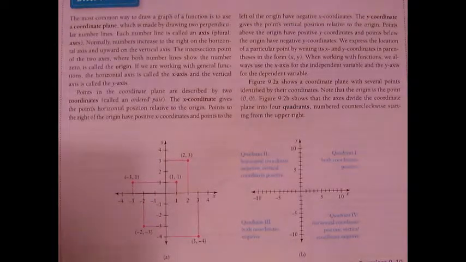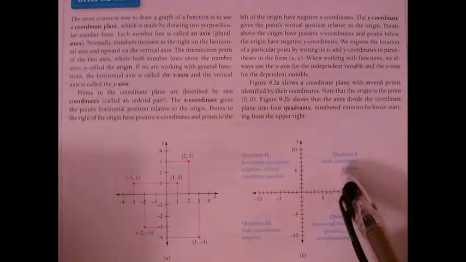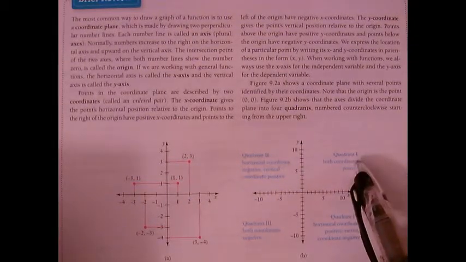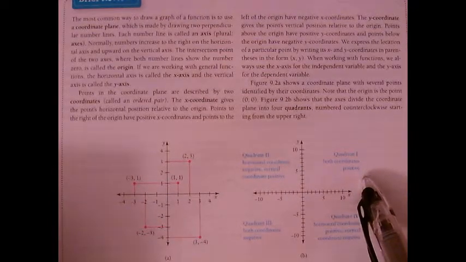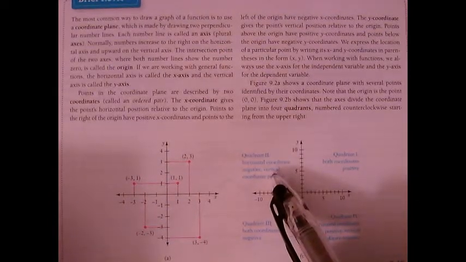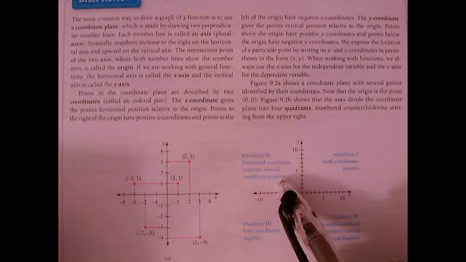Okay, and then the figure on the right shows the axes divide the coordinate plane into 4 quadrants, which are numbered counterclockwise starting from the upper right. So the upper right would be quadrant 1, where the x and the y coordinates are positive. Then quadrant 2 would be where the x-coordinate is negative and the y-coordinate is positive.